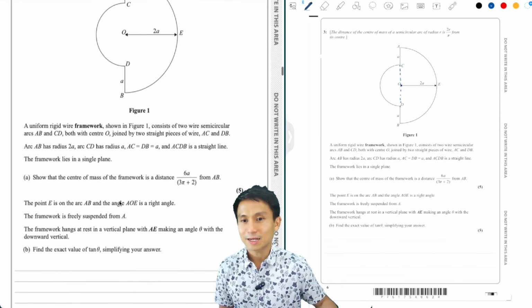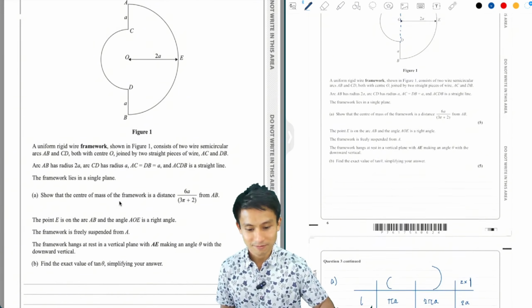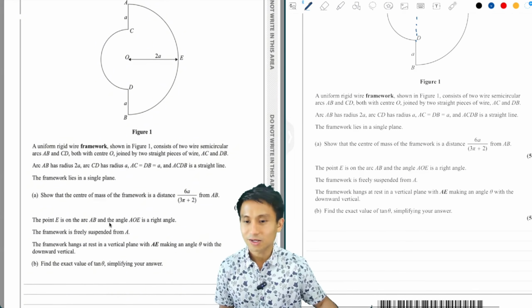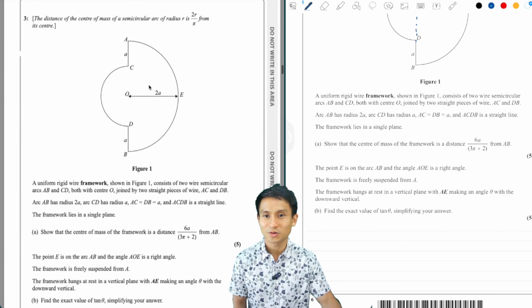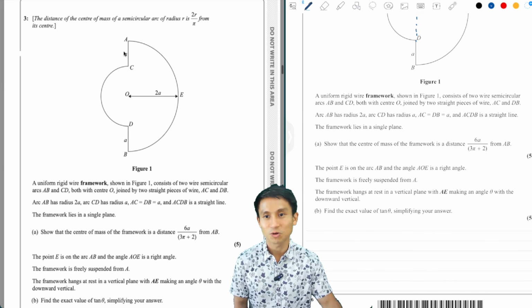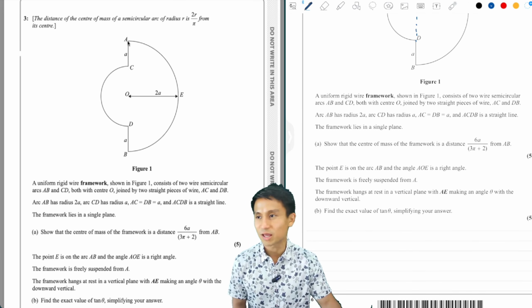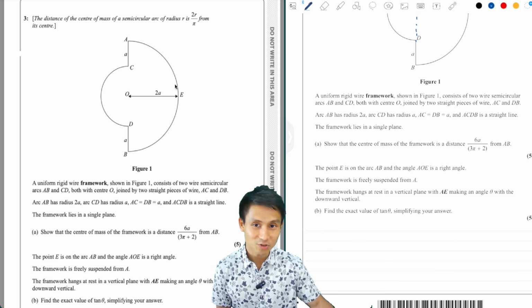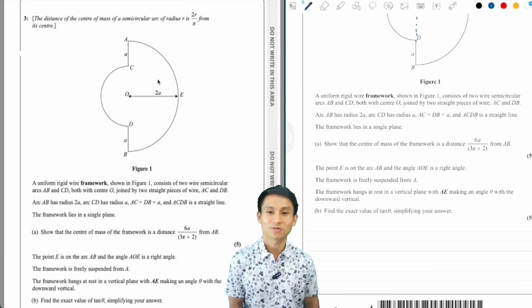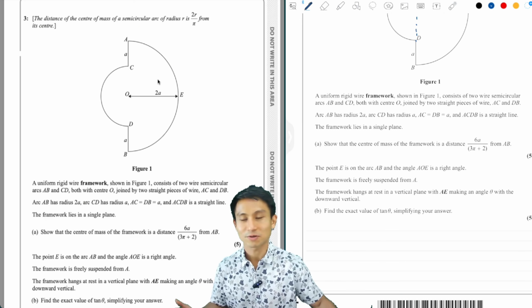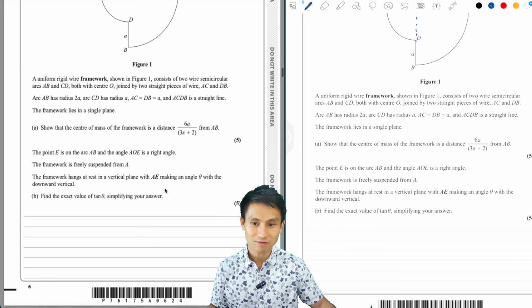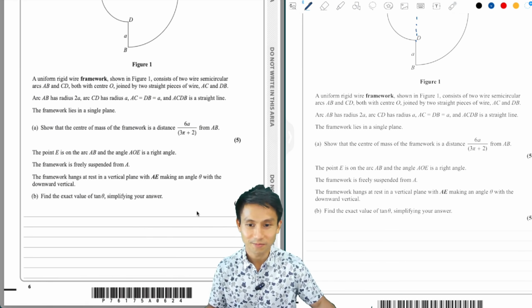This part, I think the only tricky part is B, because they ask you to solve for tan theta, and it's not the usual angle between the vertical, which would have been the vertical OA here, and the downward vertical when suspended freely from A. But it's the angle between AE and the downward vertical. So there are questions like this from the past papers. You just have to watch out for it.